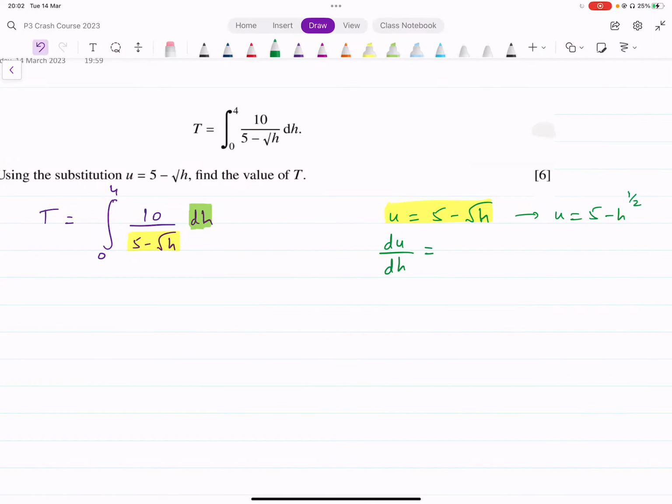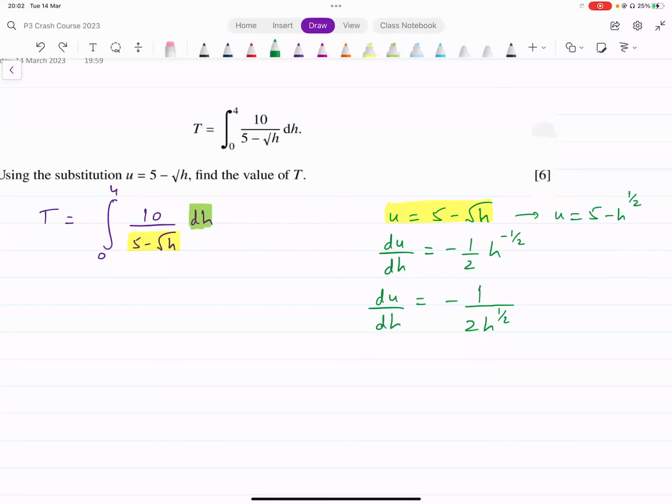Let's differentiate that. Derivative of this is going to be minus half into h raised to power minus 1 over 2. We could write this as minus 1 over 2 into h raised to power 1 over 2 in the denominator. That's what du over dh is.